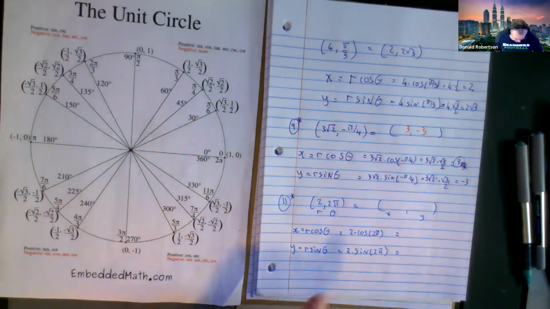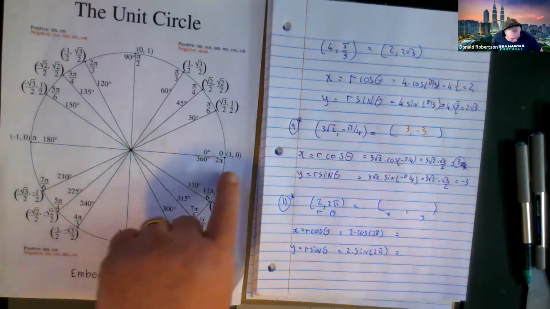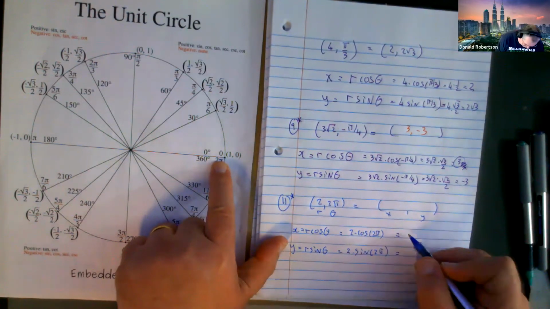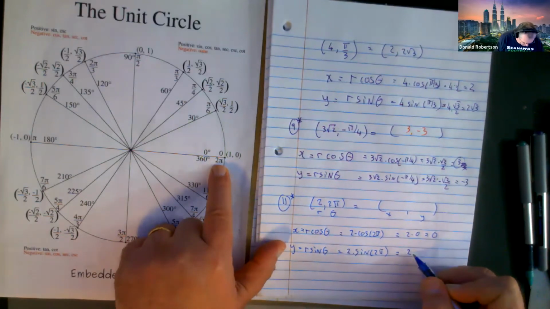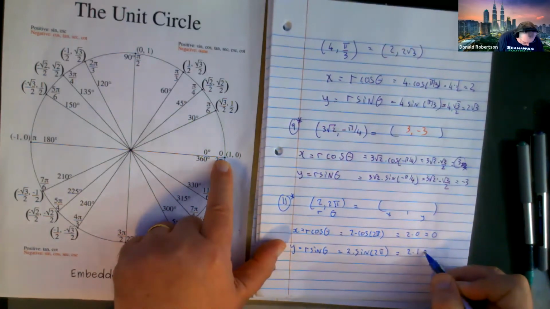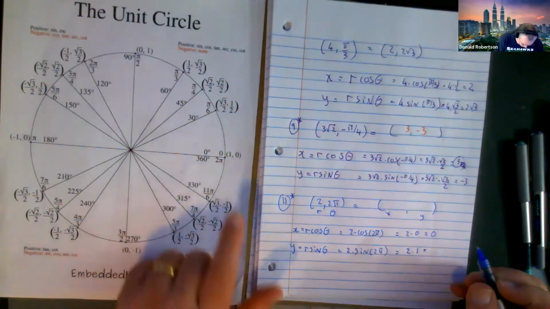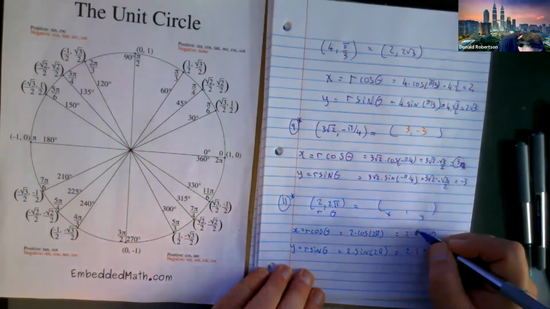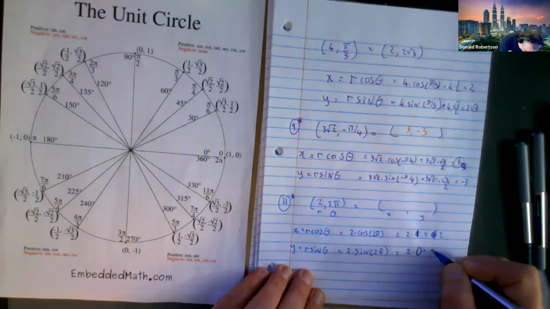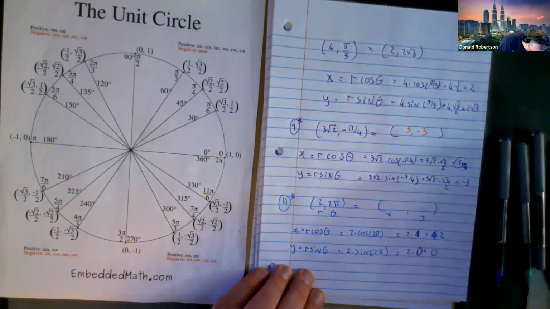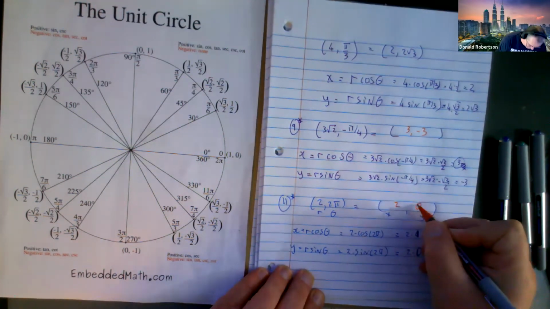Okay, 2 pi is here, cosine is 1, 2 times 1 gets you 2, 2 times 0 gets you 0. I got that the wrong way around, didn't I?